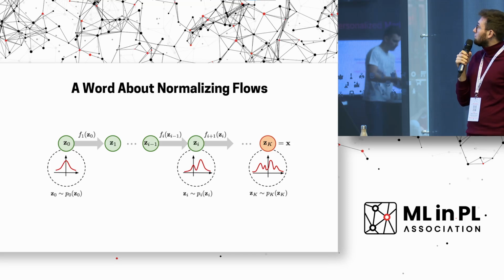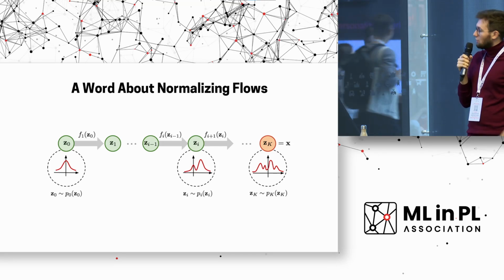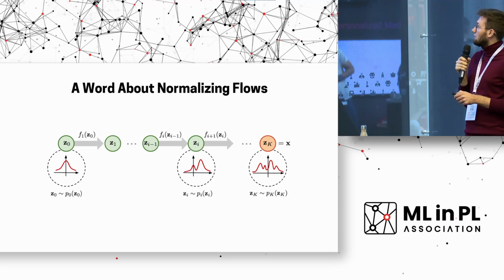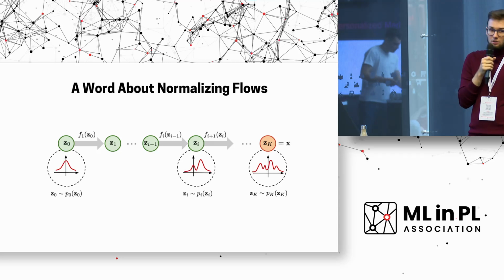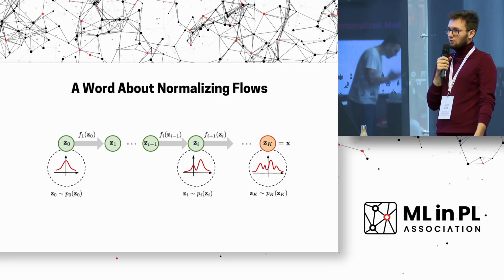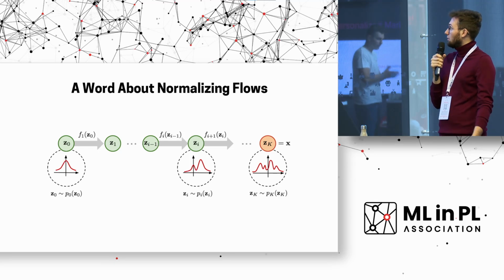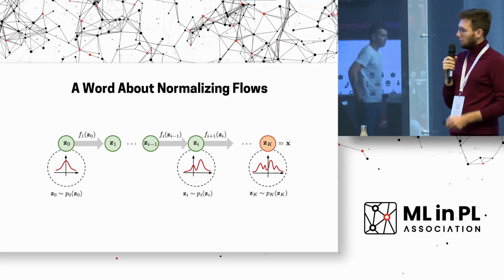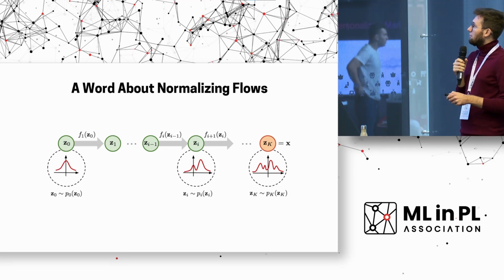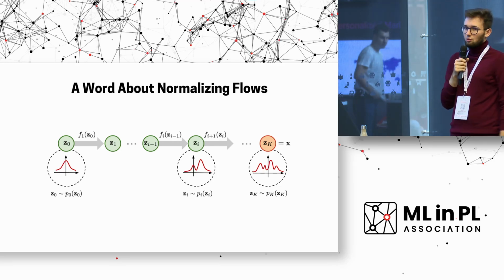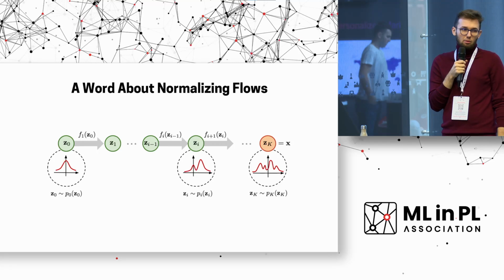If I were to discuss this method in a few sentences, we've got a series of transformations F, and what's important about these transformations is that they are differentiable and also invertible. And what we are doing is taking a very simple probability distribution for which we can calculate the log probability.